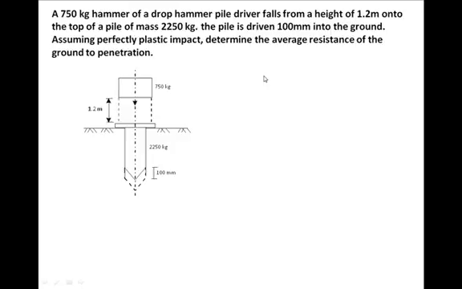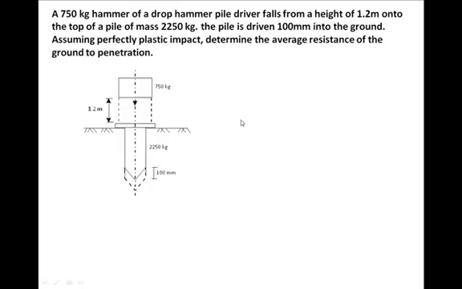So when I drop a 750 kg hammer from a distance of 1.2 meter, they said it has gone by 100 mm, and they are asking the resistance from the ground.